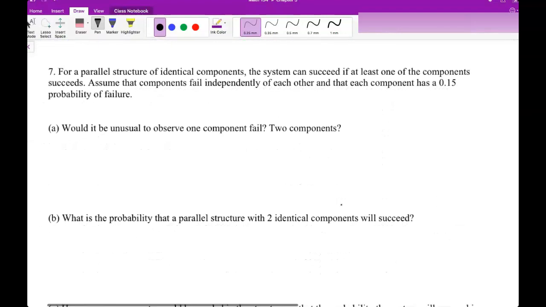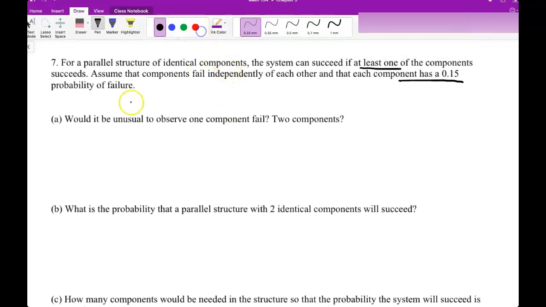Next one, for the parallel structure of identical components, the system can succeed if at least one of the components succeeds. So we have at least one of the components. Assume that components fail independently of each other, and that each component has 0.15 probability of failure.